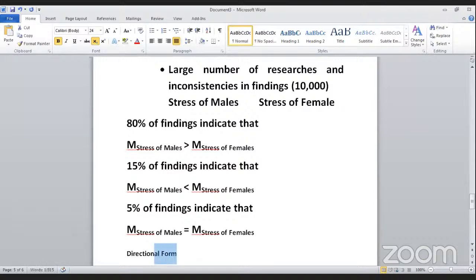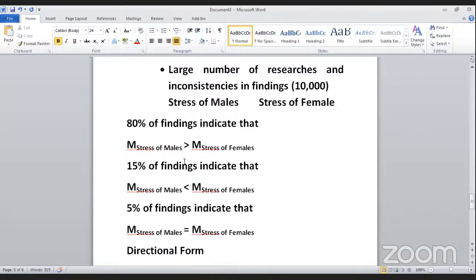Why directional form? Because 80% of the researchers are pointing towards a particular direction.